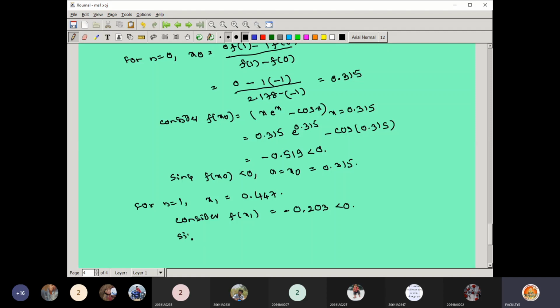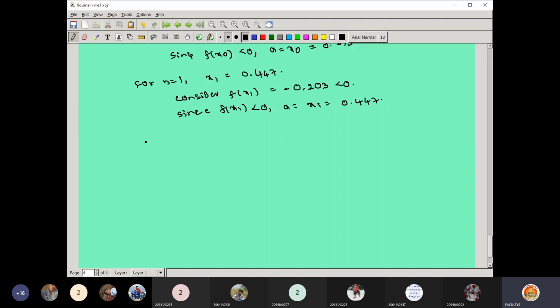Since f of x1 is less than 0, you can change the a value, that a becomes x1, 0.447. Only a has changed. Calculate again and go to the next approximate root. We continue until we get 0, or otherwise at least 5 times. So for n equal to 2, it is x2. See what comes: a into f of b minus b into f of a divided by f of b minus f of a.